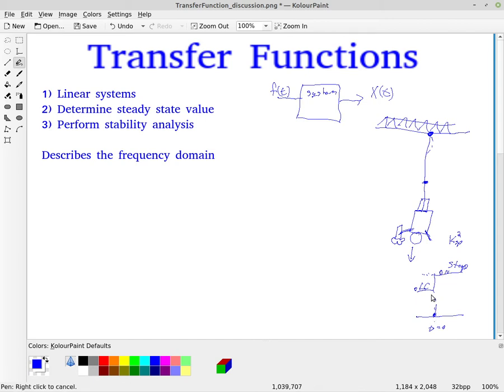It's going to pull him down. Remember, we described down as positive, so it's going to pull him down further, but as he goes down, he might bounce around a little bit. And we'll get into with the transfer function whether we can tell if he's going to bounce around when he does that.